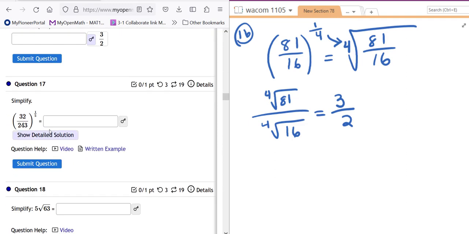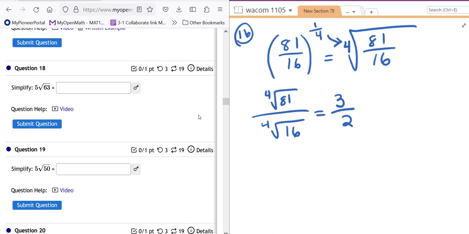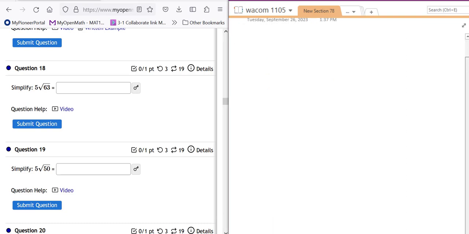All right. The next one, do it the same way. It's a 5th root. These are going to be perfect 5th powers. All right. This one, you want to simplify, and it just has a number on the outside of the radical. So 5 times the square root of 63.